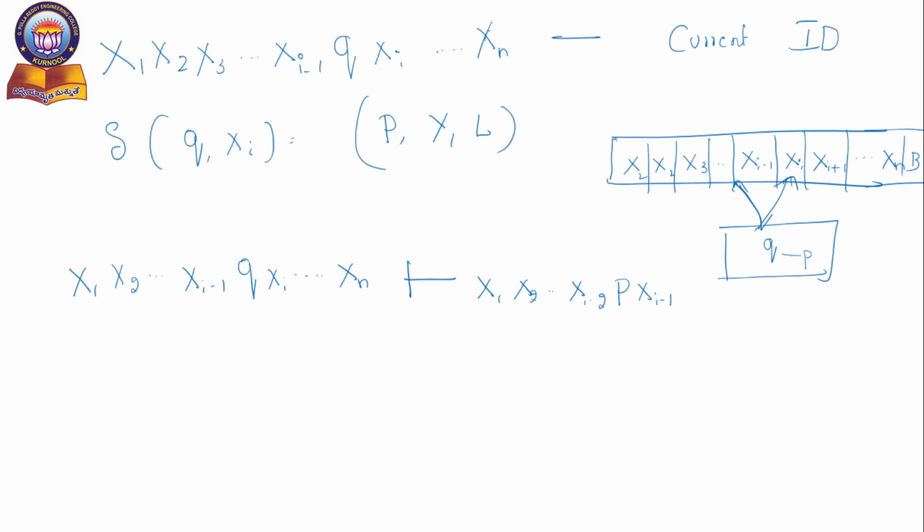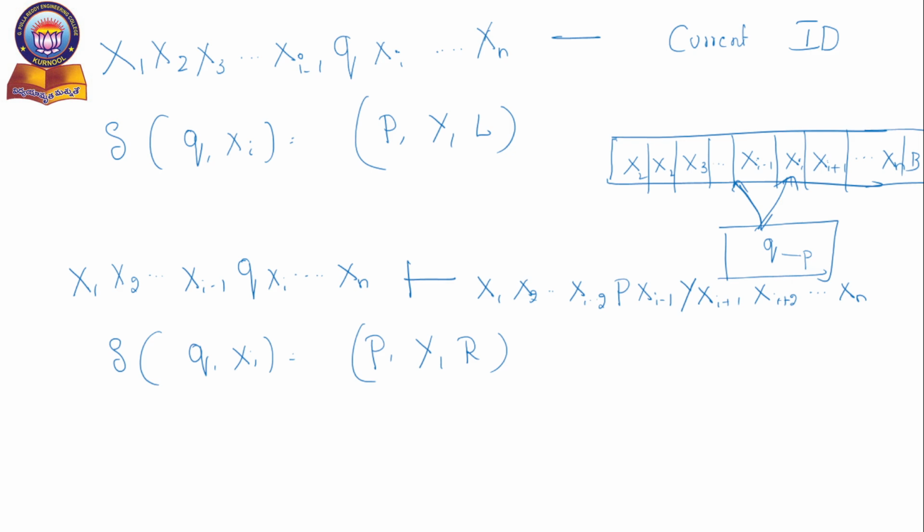Next, the xi is changed to the symbol y and the remaining symbols have to be written as they are, xn. So this is the movement corresponding to this transition. If delta of q, xi is equal to p, y, L, in terms of the IDs, this can be represented like the move here.